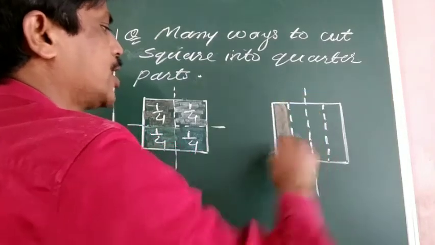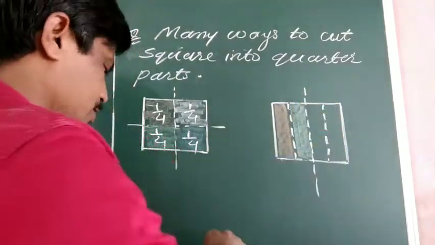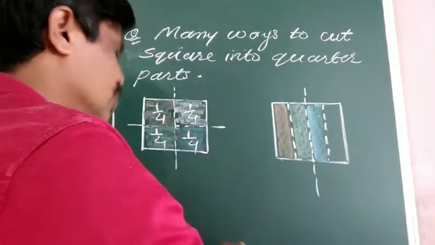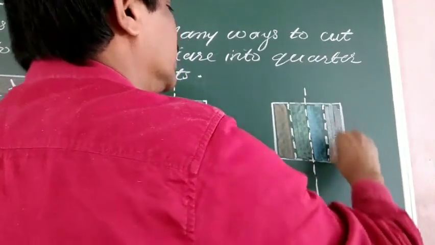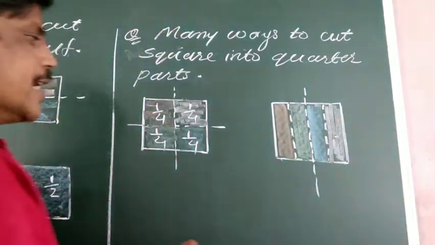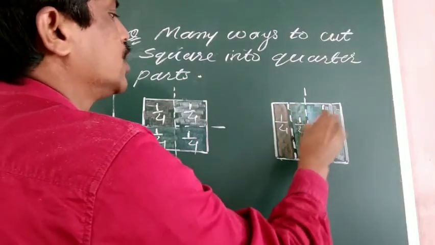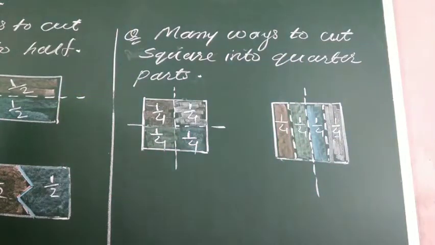So this is 1 quarter, this is the second quarter, this is the third quarter, and this one is the fourth quarter. So see, these 4 quarters make one whole. 1 quarter, 2 quarters, 3 quarters, and this one is 4 quarters.